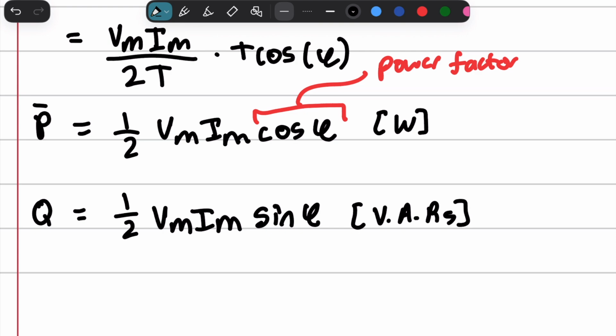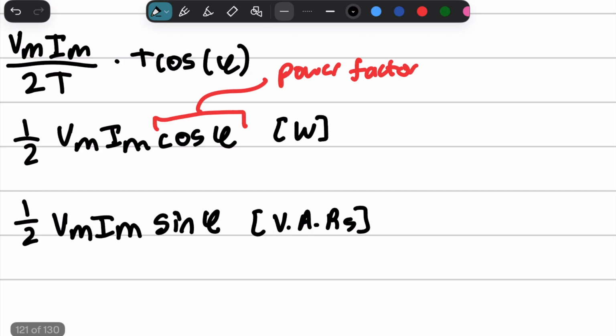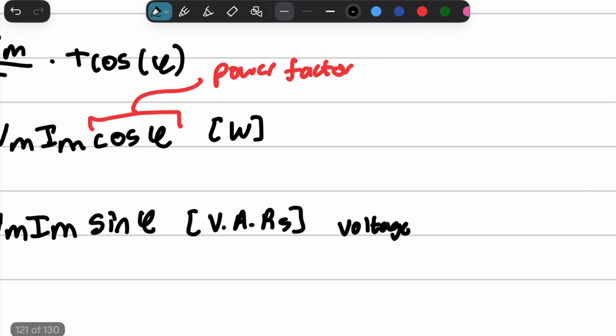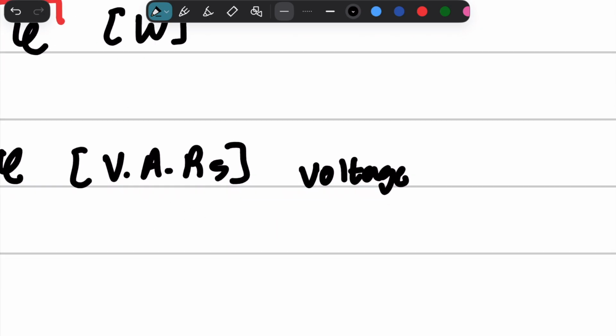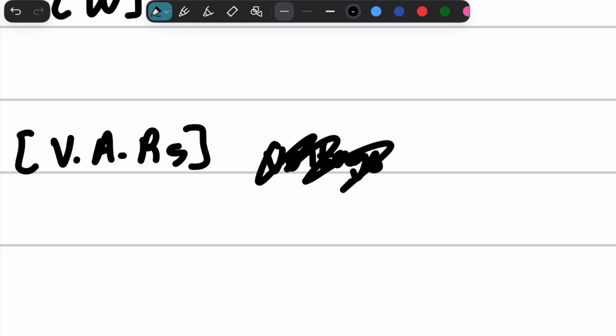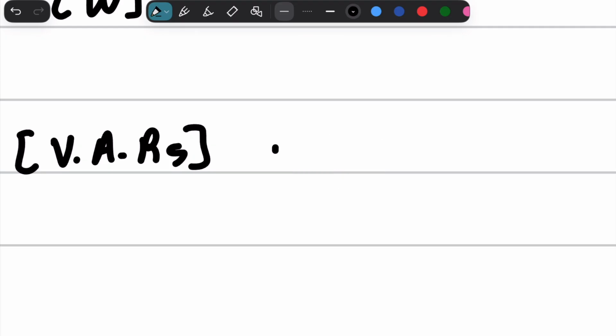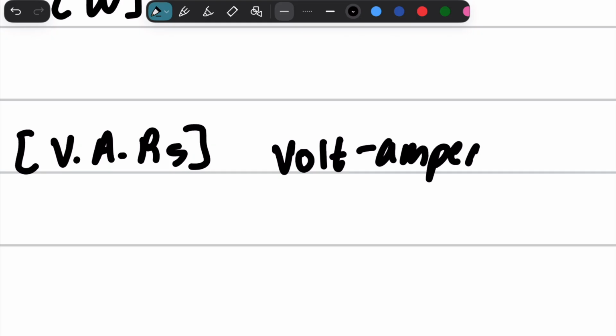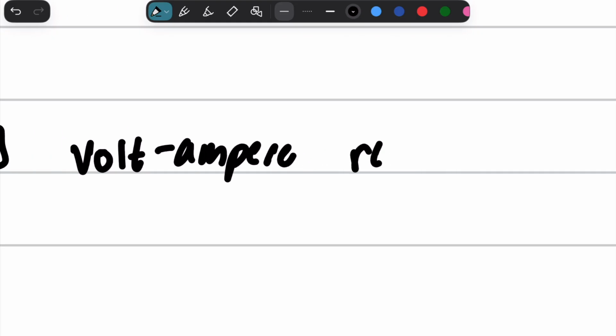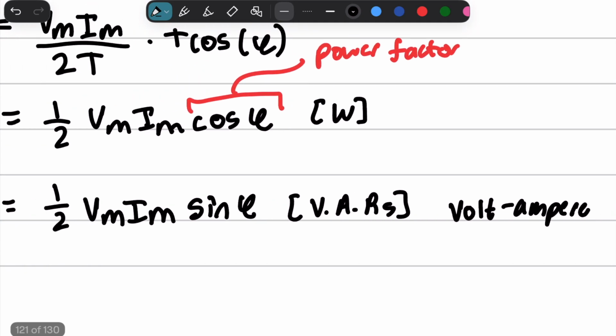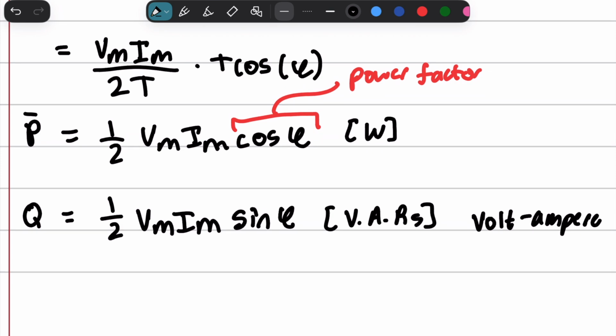Correct me if I'm wrong, I'm pretty sure it stands for volt, ampere, reactive. I just had to look it up, unfortunately. And this is just the reactive power. So basically the power switching between the capacitors and the inductors.